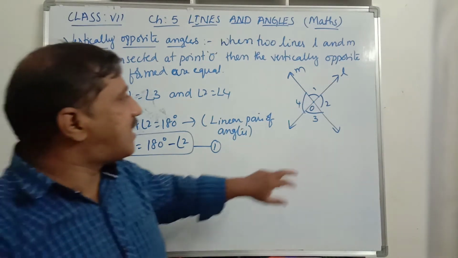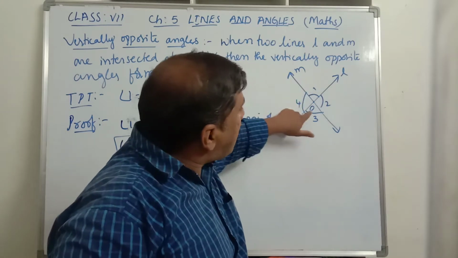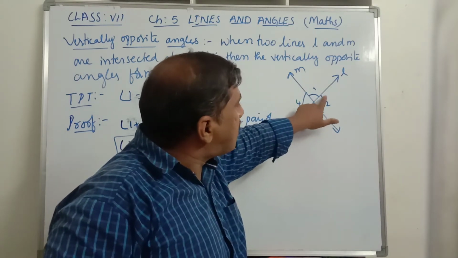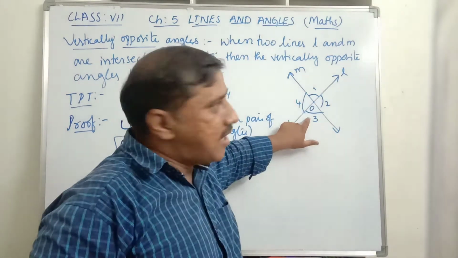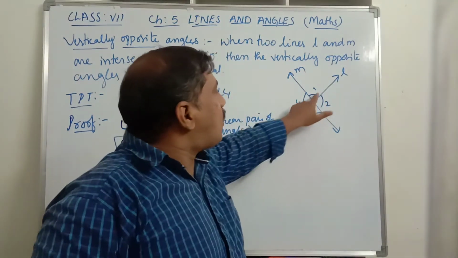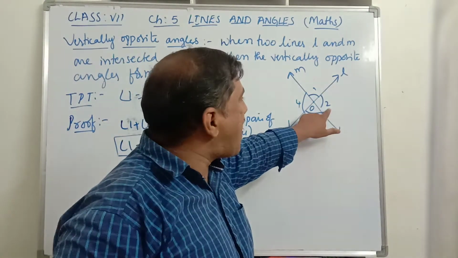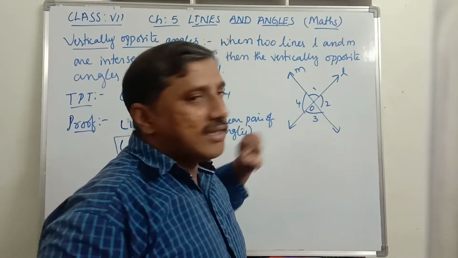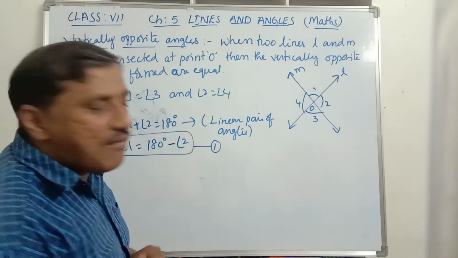Now consider line L. On this line, this ray is dividing the straight angle into two angles, angle 2 and angle 3. So on line L, the total angle is 180 degrees, divided into angle 2 and angle 3. Again, angle 2 and angle 3 are a linear pair of angles.